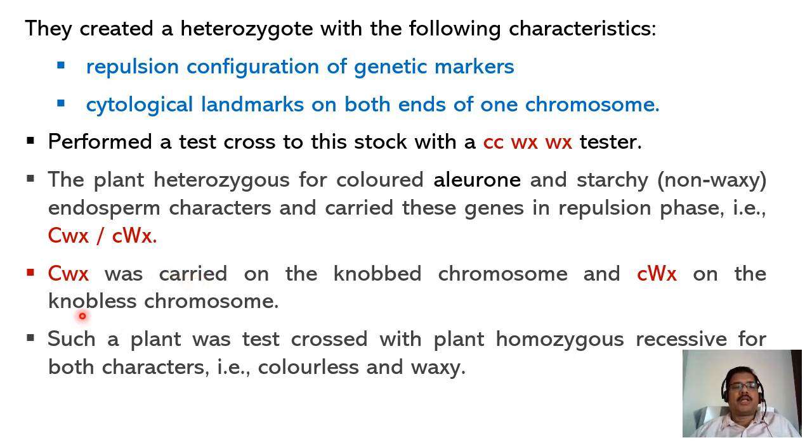So capital C, small wx was carried on the knobbed chromosome, and small c, capital Wx on the knobless chromosome. Such a plant was test crossed with a plant homozygous recessive for both characters, that is colorless and waxy.